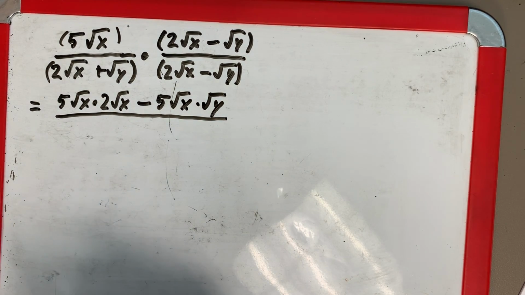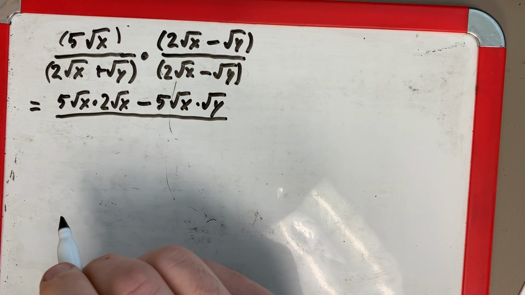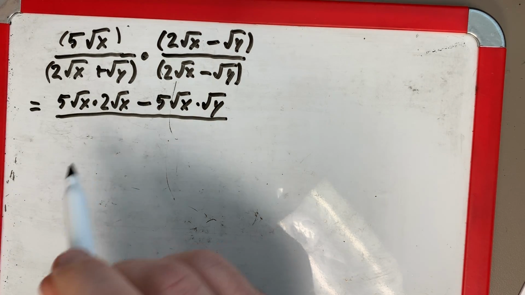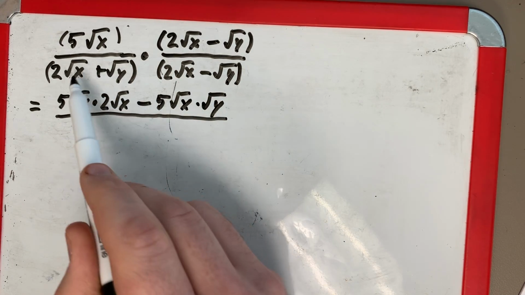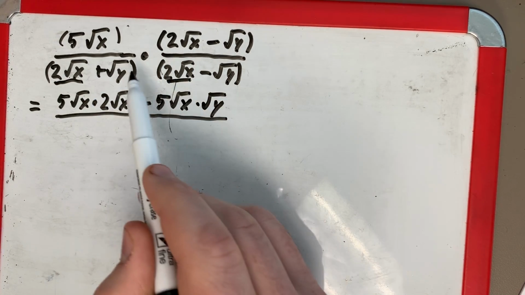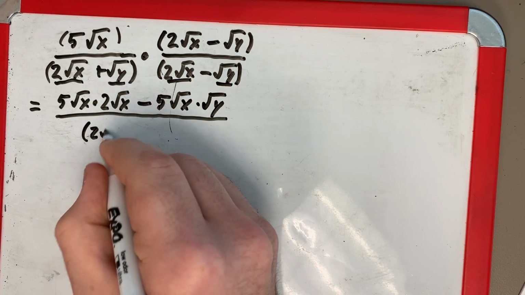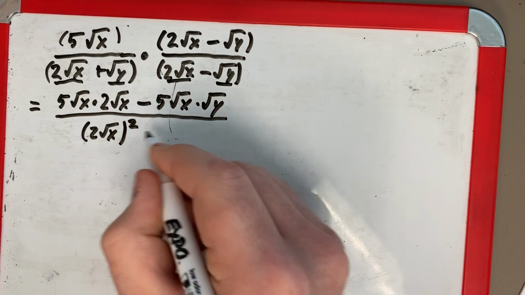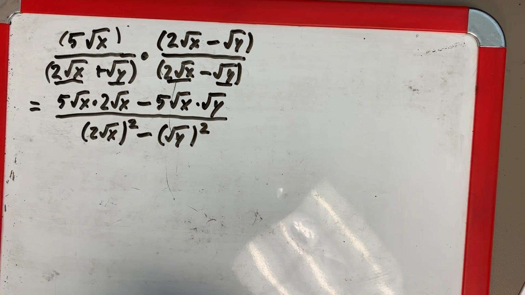Only 2 terms this time, thank goodness. All right, now in the denominator, we're making use of the difference of squares identity, which means that when I multiply these two things out, the conjugates of one another, it's going to be this times this minus this times this. So this gives us 2 root x squared minus root y squared. Okay, simplify.